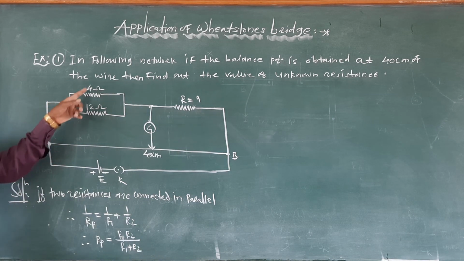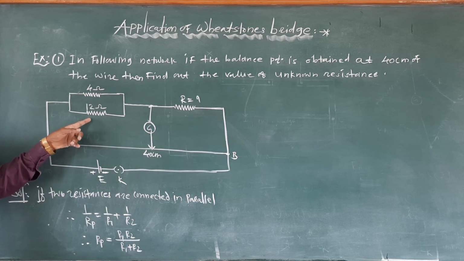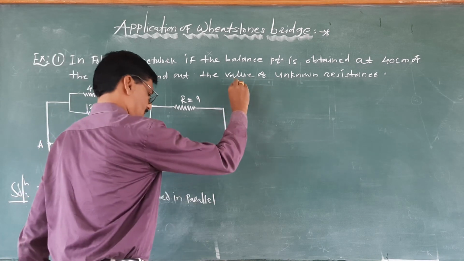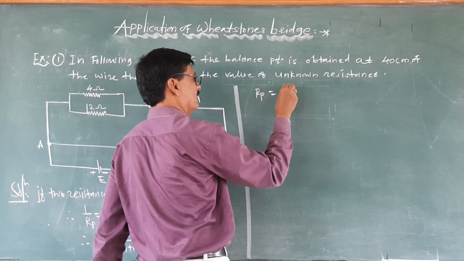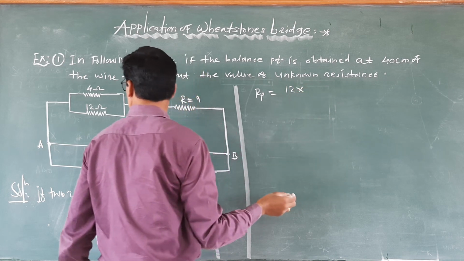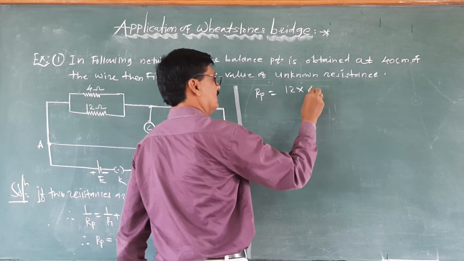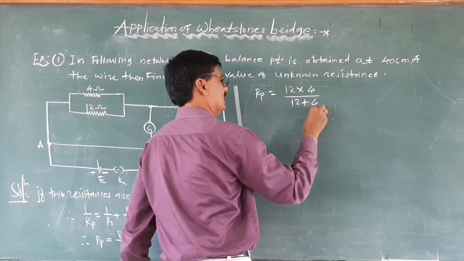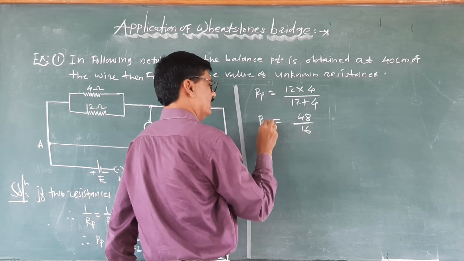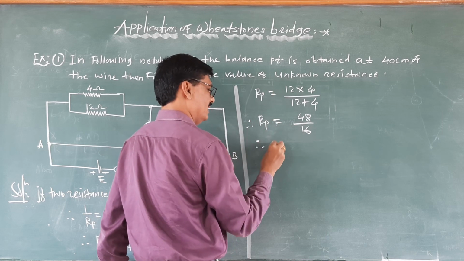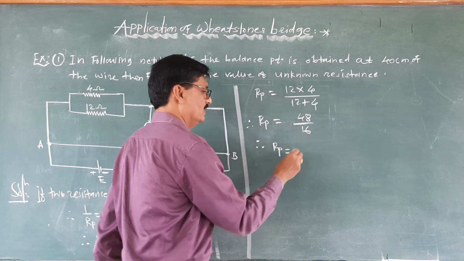With R1 as 4 ohm and R2 as 12 ohm, RP is equal to 12 multiplied by 4 divided by 12 plus 4, which is 48 divided by 16, so RP is equal to 3 ohm.